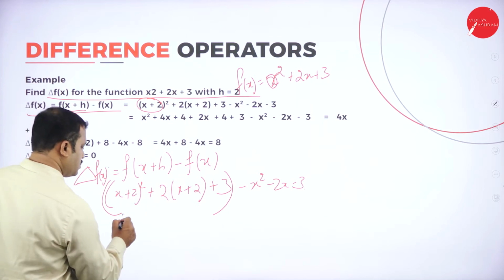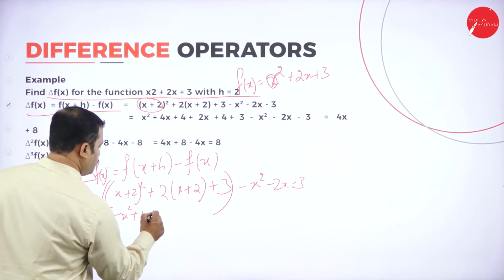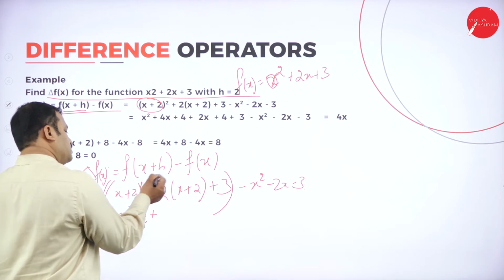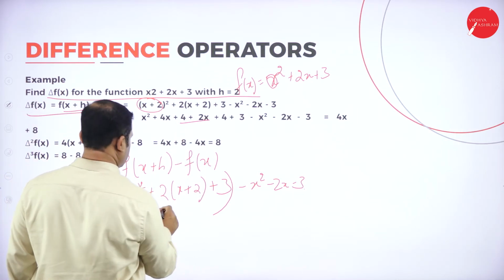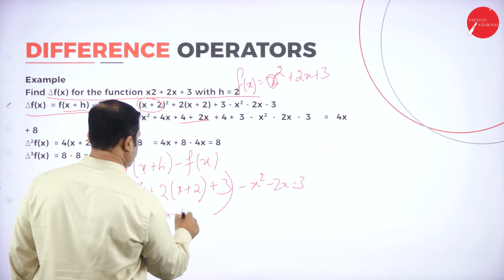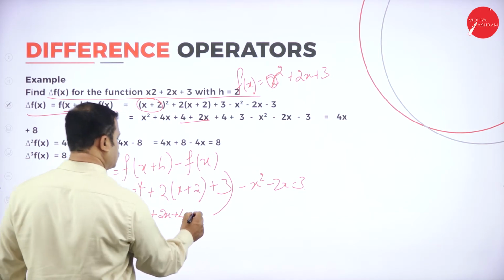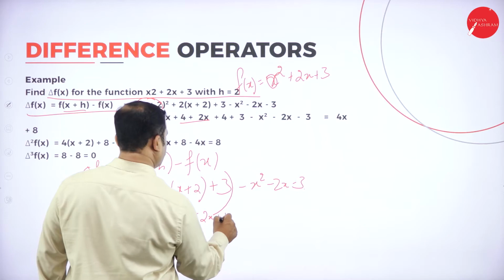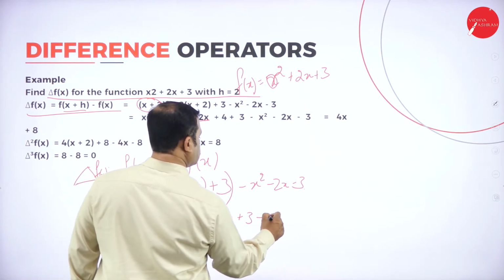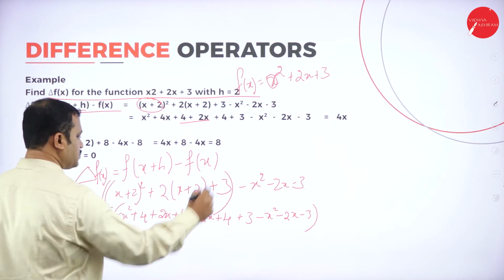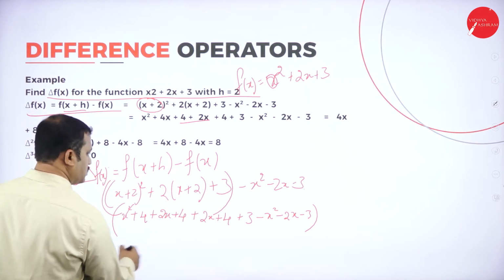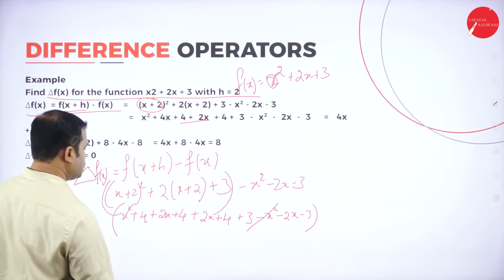If I further simplify this equation, what happens? x² + 4 + 2 times (x+2), that is 2x + 4. This becomes 2x + 4 plus 3 minus x² minus 2x minus 3. How many x² are there? Plus x² minus x² get cancelled.